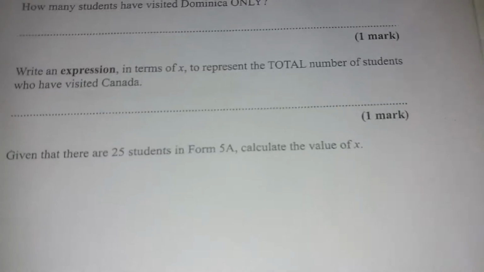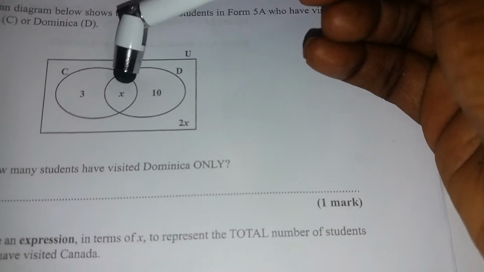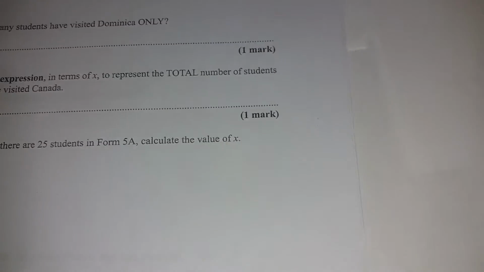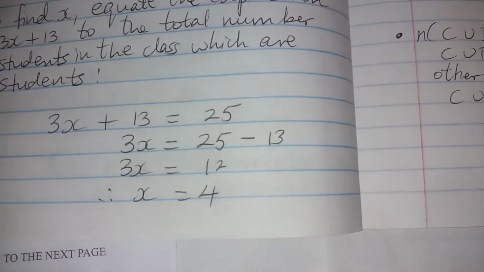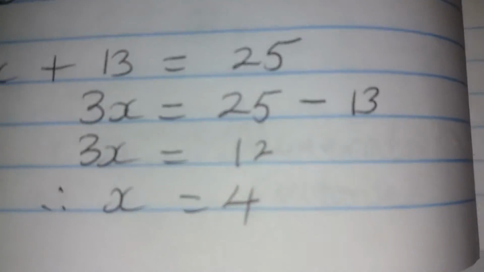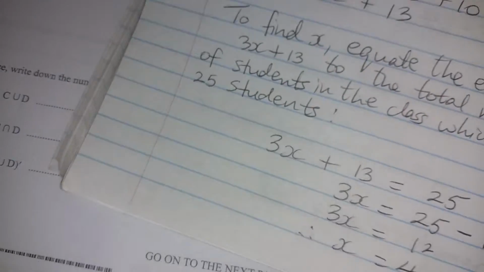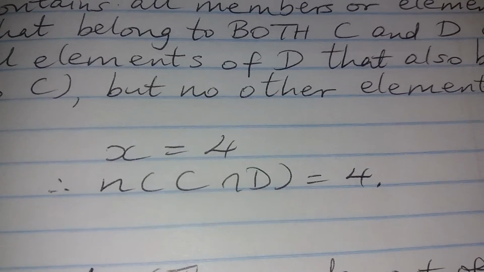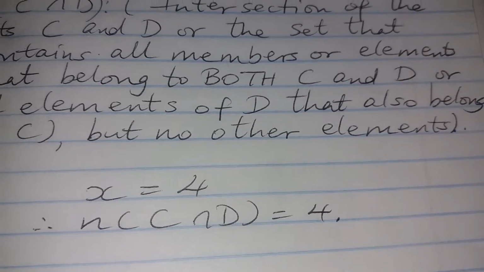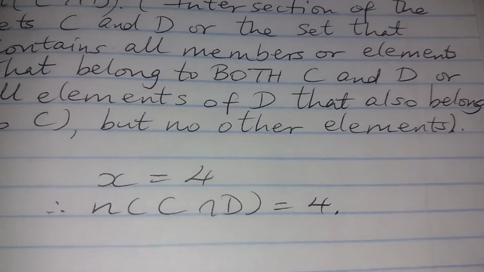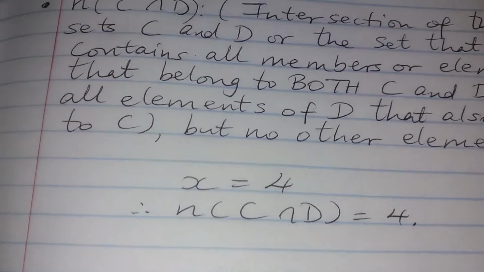Okay? So therefore, the intersection would be whatever the x value is. And we did find x to be 4 in the working. Remember? Right. X is 4. So therefore, as x is 4, the number of students that visited both Canada and Dominica is 4. That's pretty straightforward, isn't it?